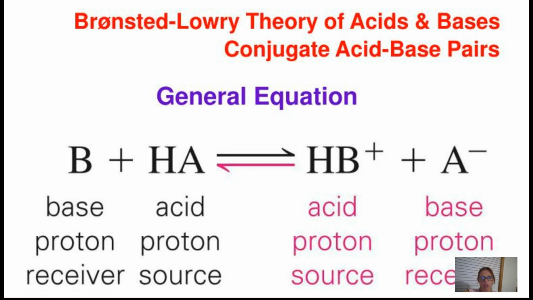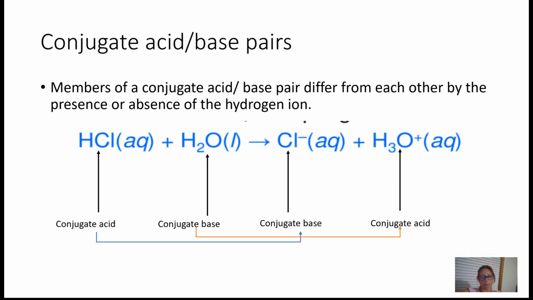So this is our general equation that we look at with Bronsted-Lowry acids and bases, and we can see that on each side we have a proton receiver and a proton source. These are called our conjugate acid-base pairs. Have a look at the example we just looked at.